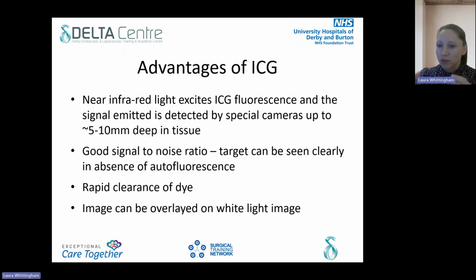There's nothing within the body that would fluoresce when it's subject to this light. The dye is also rapidly cleared by the liver. And as you could see on the previous slide, it can be overlaid onto a white light image.